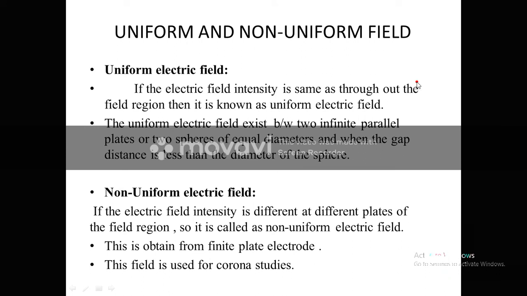With finite plates we cannot achieve a uniform field, because there we have these bulges which make this region or field non-uniform. However, in the center we will get the uniform field, but overall this field will be non-uniform because of the edges.